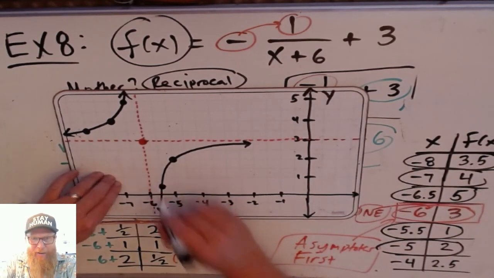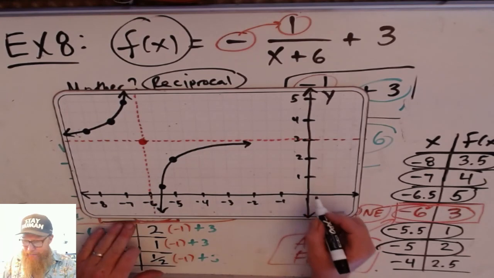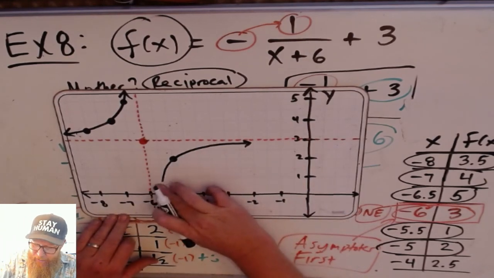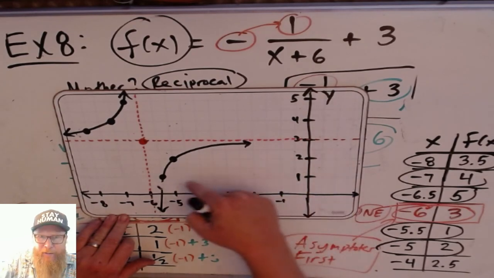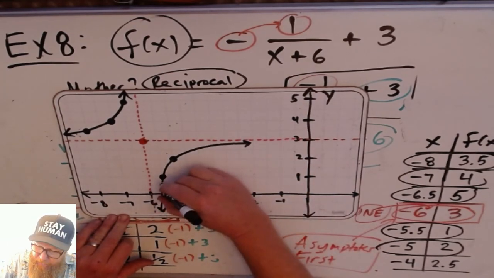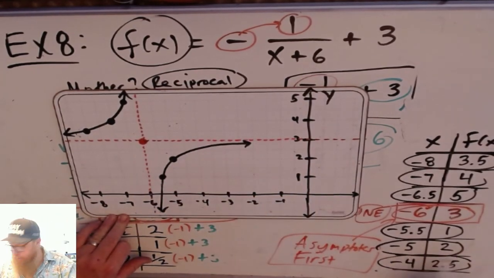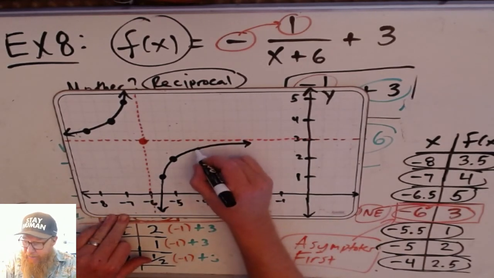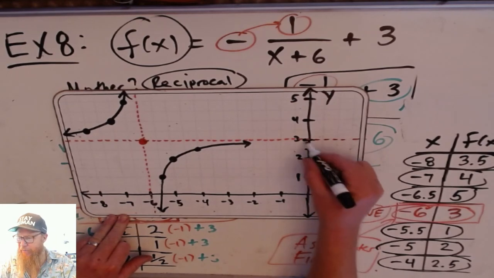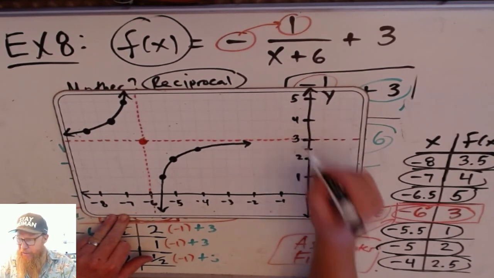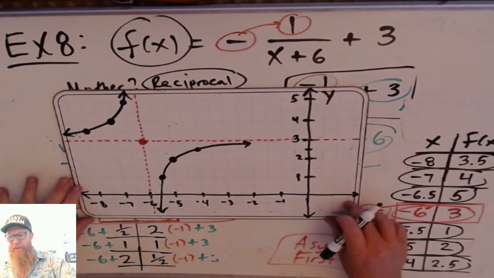That's right there. Oh no, it's actually right there. Actually, look where 1 is. I almost screwed that one up. -4 and 2.5. That's right there. Now this 2.5, halfway between 2 and 3.